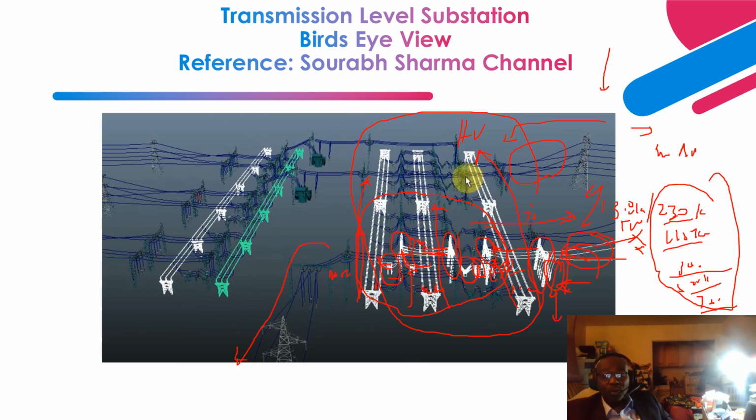These are outgoing transmission lines, same voltage, to another substation to perform the same function as you are seeing over here. This is how we build substations from city to city and transmit the power to the consumer.